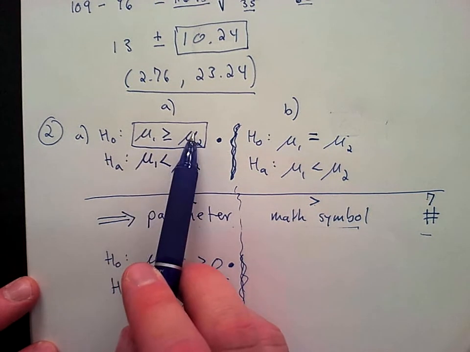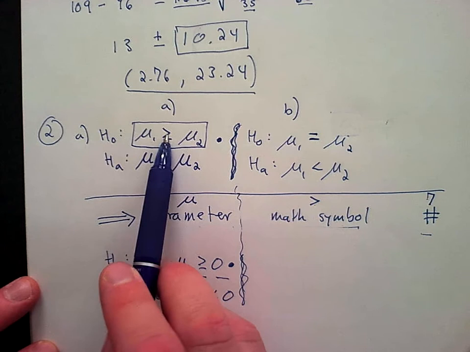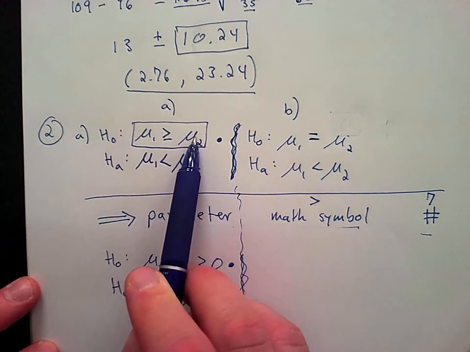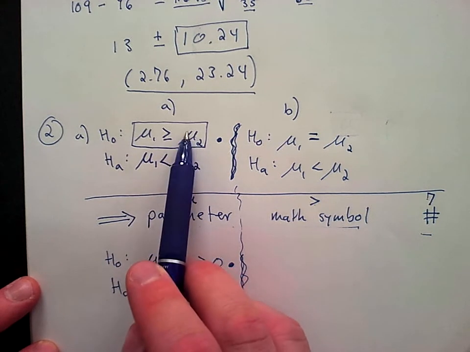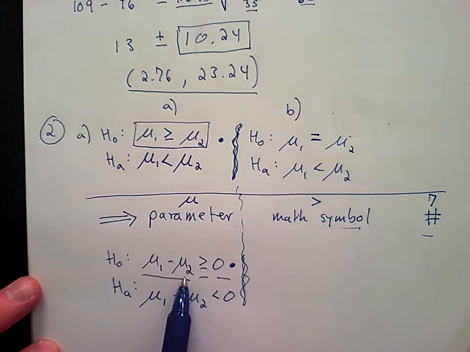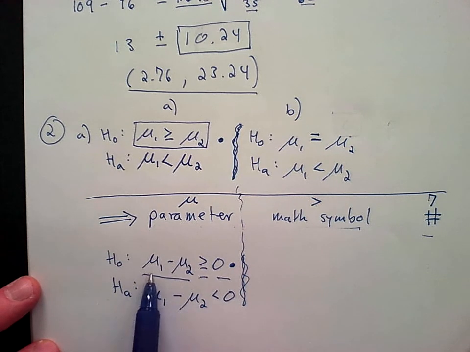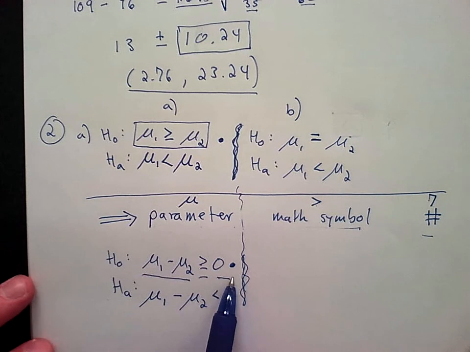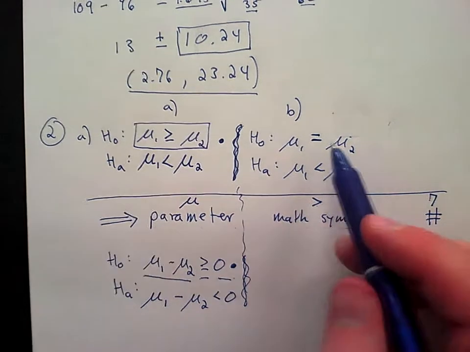So here, since it's parameter, math symbol, and then another parameter, if we want this over here to be a number instead, we can just subtract mu2 from both sides, and then we'll have it in the form of parameter, math symbol, and a number. Right? You good with that?